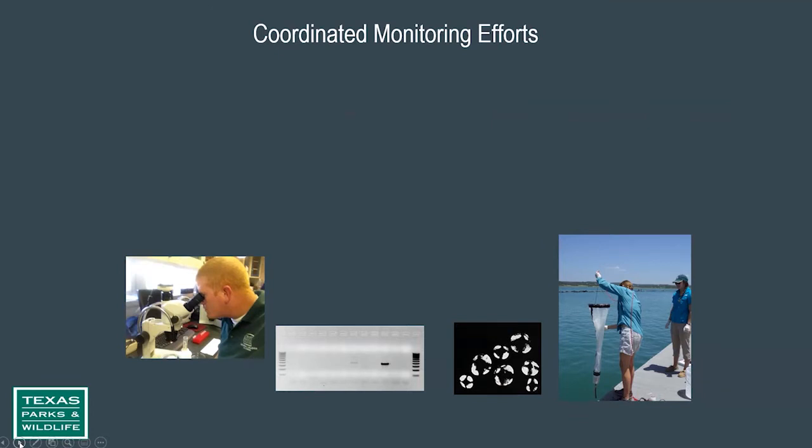Those water samples are looked at with microscopes, and we also check for DNA. If we do detect DNA, that doesn't necessarily mean that there's live zebra mussels in the lake. It's just that there is zebra mussel DNA in the lake, which could have come from dead zebra mussels or some other thing like that.